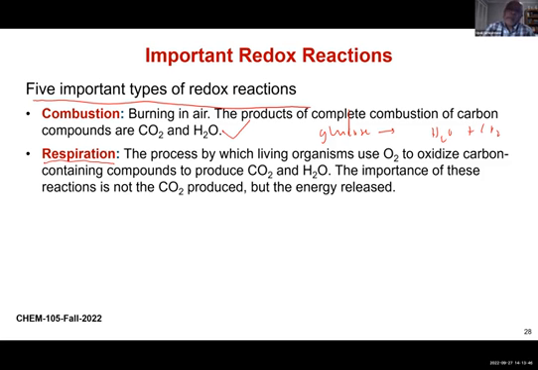The carbon dioxide and water, for example, in the human body is passed to the lungs when we exhale. Oxygen is taken into the body. This is an important redox reaction that takes place in mitochondria.